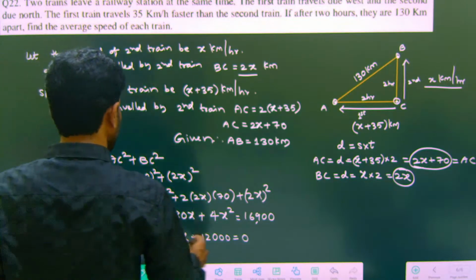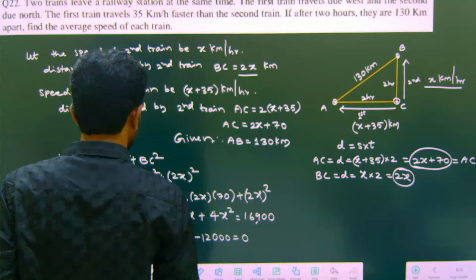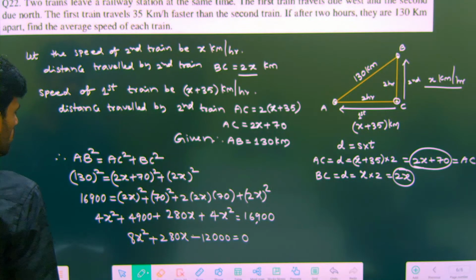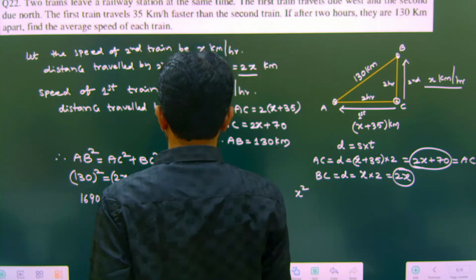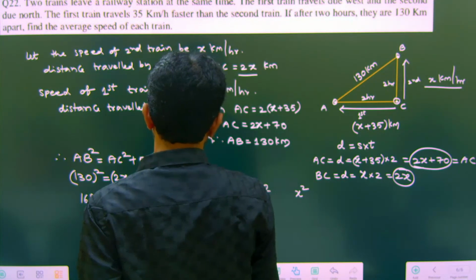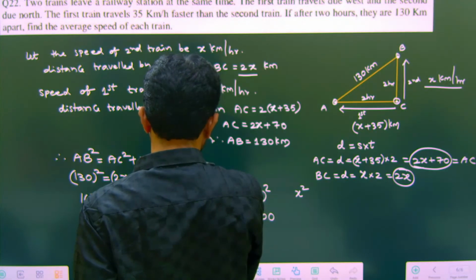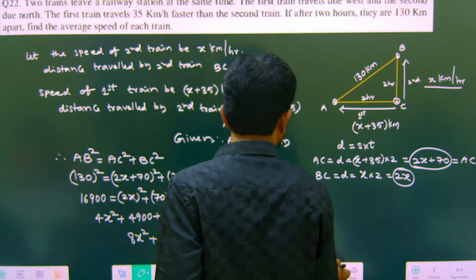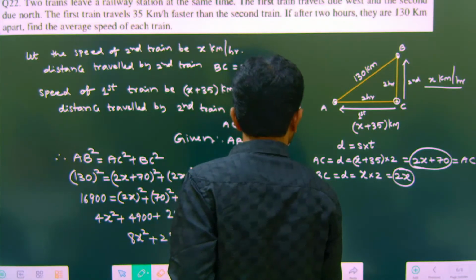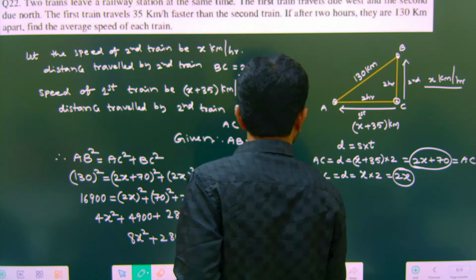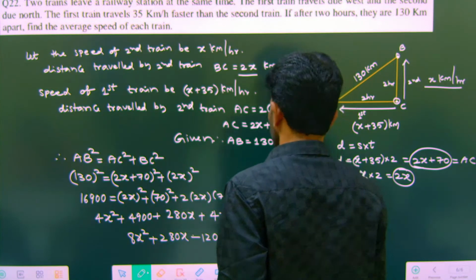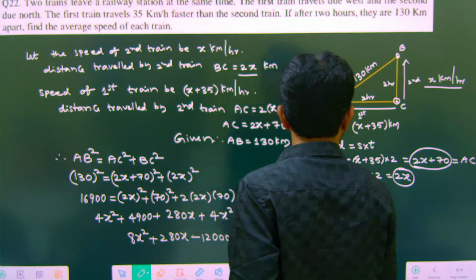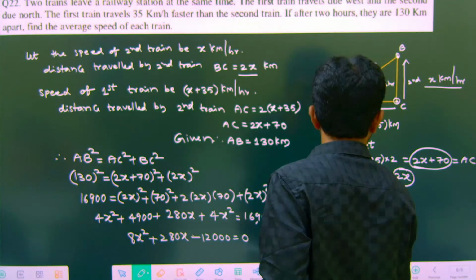This is our quadratic equation, but we can divide everywhere by 4. So we get our equation as x square, then 2x square, then 70x minus 3,000.